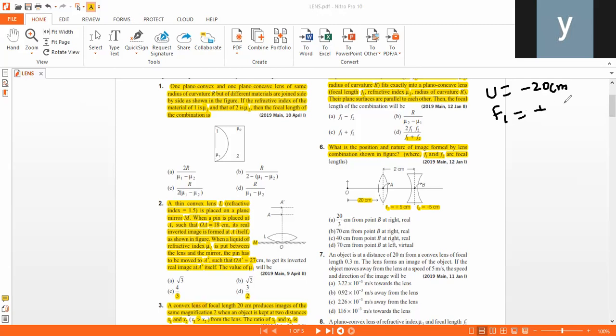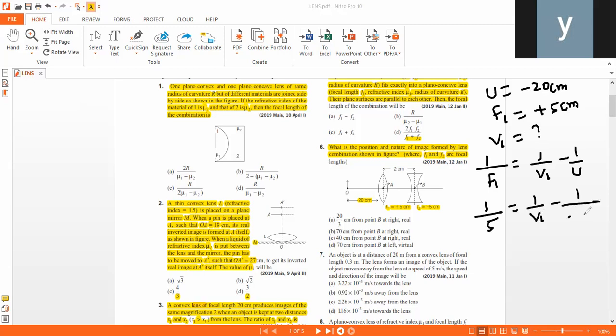Start with u equal to minus 20 centimeter, and the focal length of the convex lens is positive, plus 5. So v1, the image formed by the convex lens: 1 by f1 equals 1 by v1 minus 1 by u, that is 1 by 5 equals 1 by v1 minus 1 by minus 20, using sign convention.